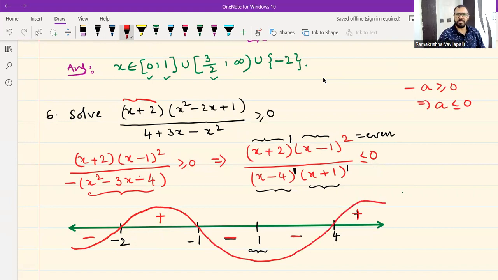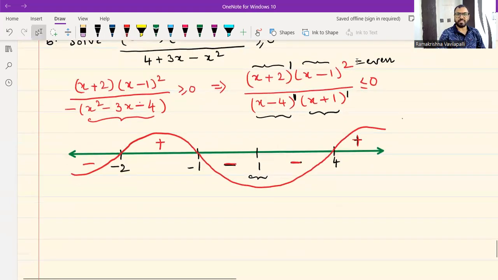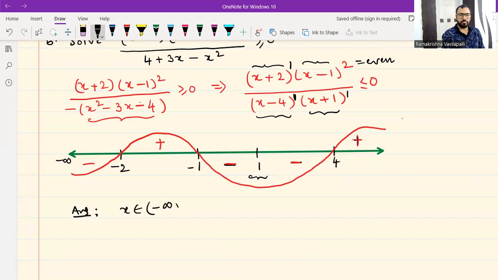So we want the expression to be less than or equal to 0. So the answer is, we want to see only the negative signs. Negative sign is there from minus infinity to minus 2. So x belongs to minus infinity to minus 2.